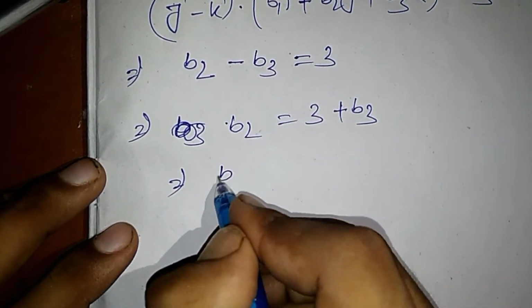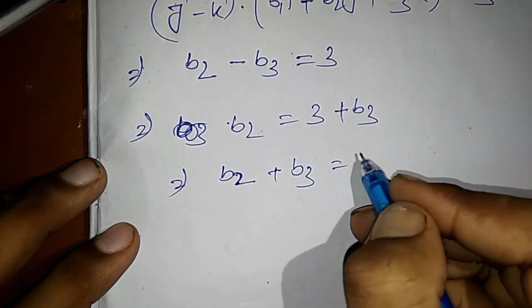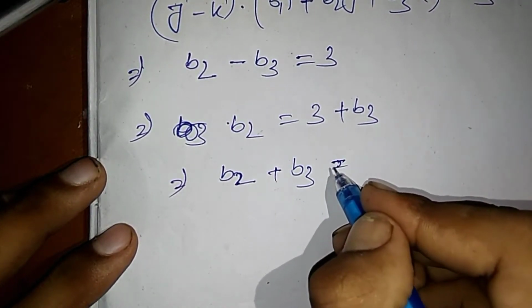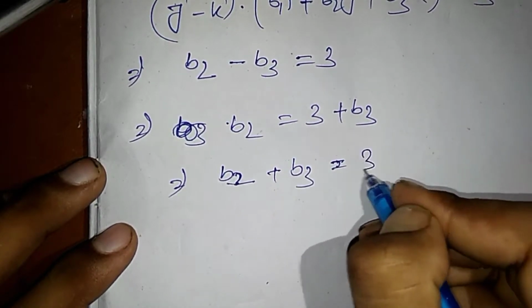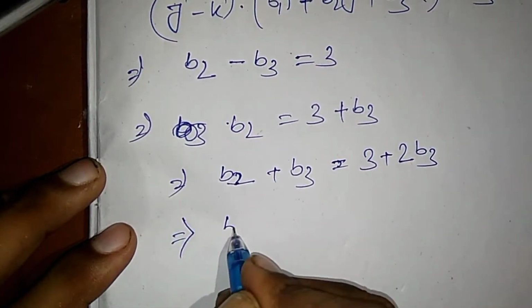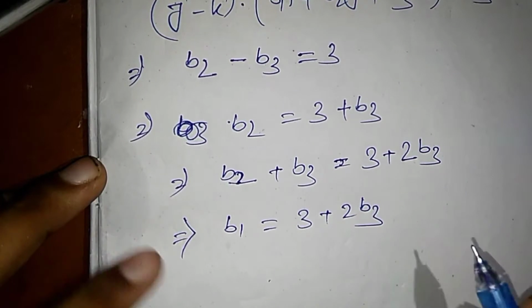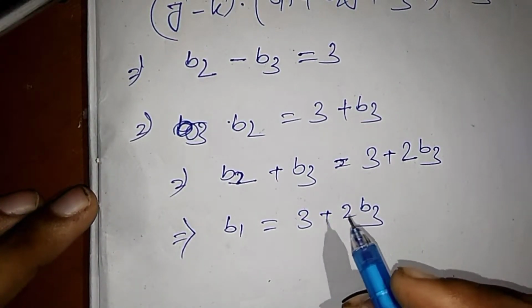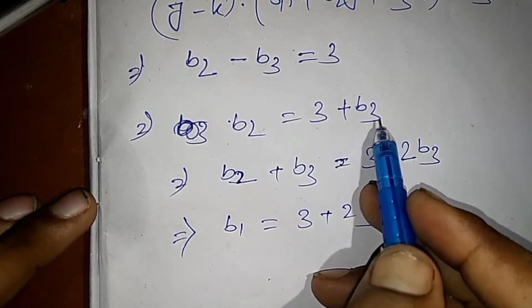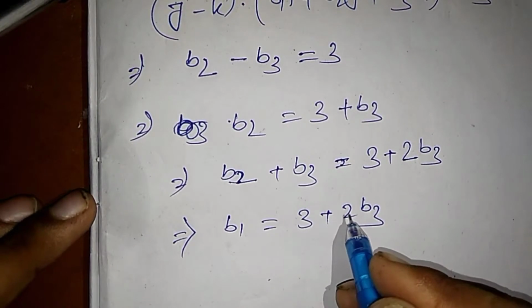Then b1 equals b2 plus b3, which is 3 plus 2 b3. So we find the value of b2 is 3 plus b3, and the value of b1 is 3 plus 2 b3.